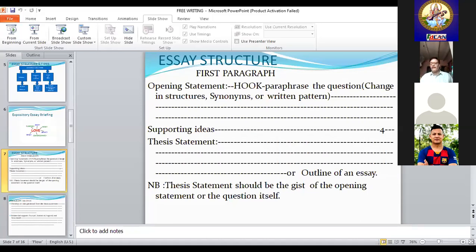Paraphrasing means, according to the question given, you change the structure, change the synonyms of it, or sometimes change the written pattern.